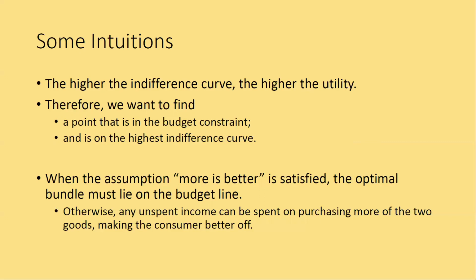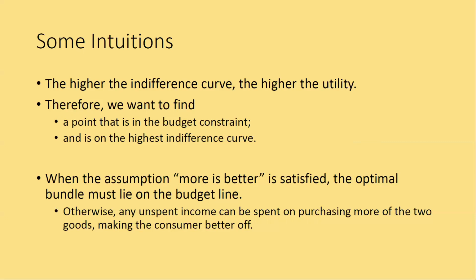Now, the second intuition is that most of the cases we are concerned with are cases when the assumption that more is better is satisfied. Therefore, under this assumption, the optimal bundle, or our solution, must actually lie on the budget line. Why is that? Imagine that you claim a point that is not on the budget line is your optimal point.